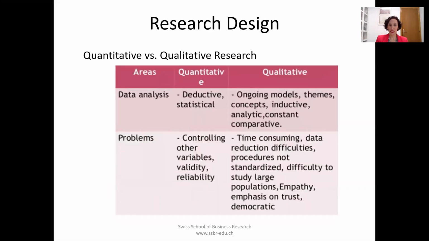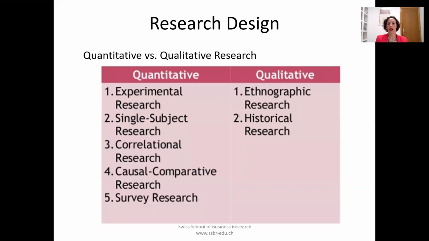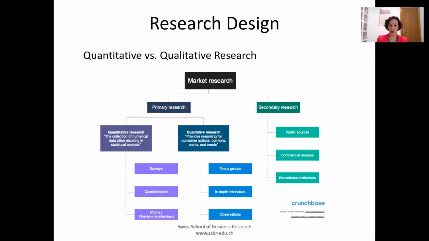You can take a look at this on your own, but breaking down per the types that we have just looked at, we can see that quantitative can be experimental, single subject research, correlational, causal-comparative, and surveys, and qualitative is more ethnographic and historical research.